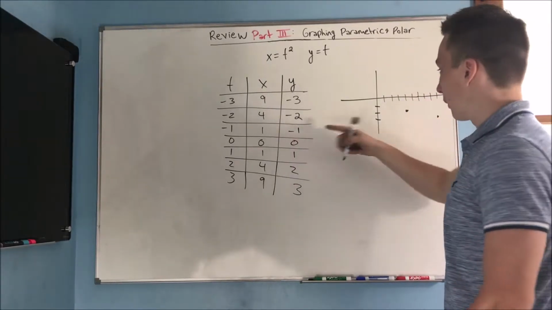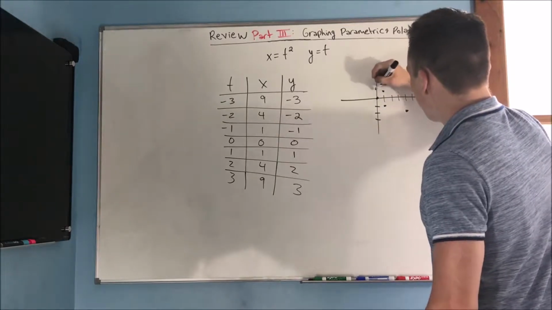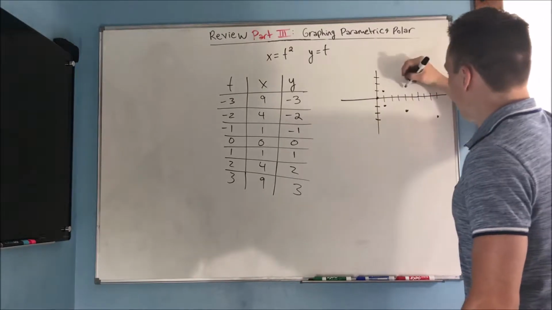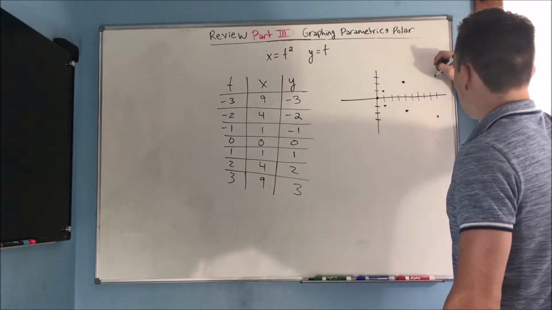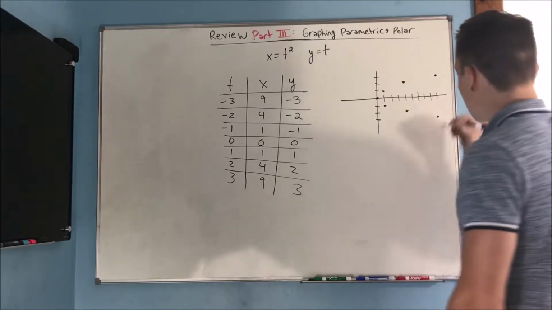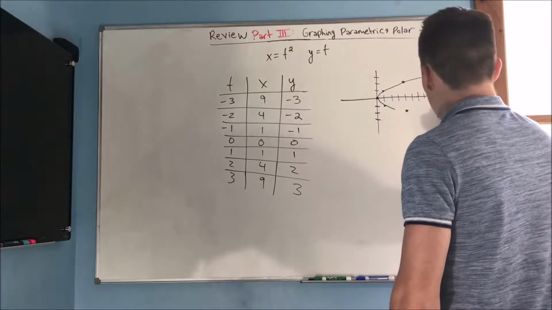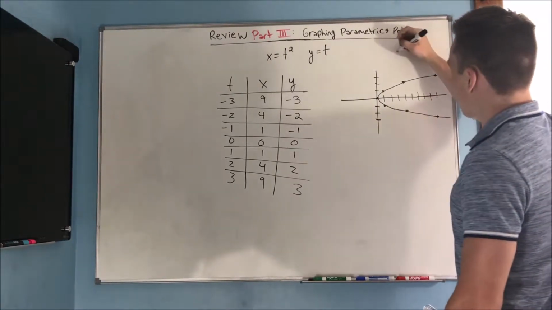We have a 1 comma -1. It's going to be right here. A 0, 0, a 1, 1. And then it's going to be mirrored on this side. We can just connect the dots here, and we basically end up with the graph of x equals y squared.